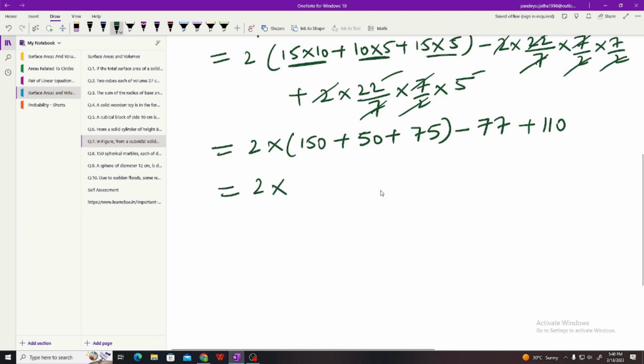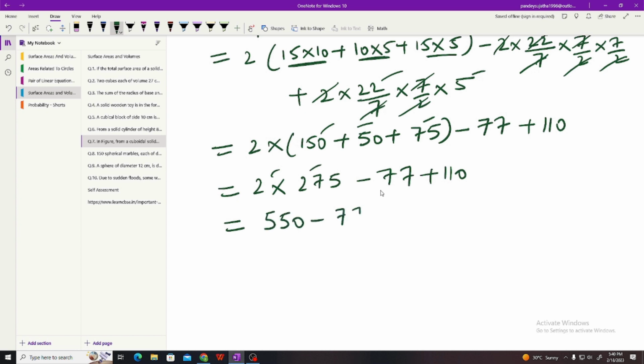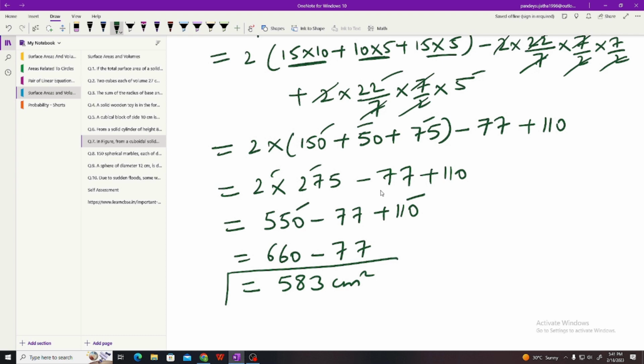So it is equal to 2 into 150 plus 50 is 200. 200 plus 75 is 275, minus 77 plus 110. So 2 into 275 is 550, minus 77 plus 110. So 550 plus 110 is 660, minus 77, that is equal to 583 centimeter square. So this is the surface area of the remaining cuboidal block.